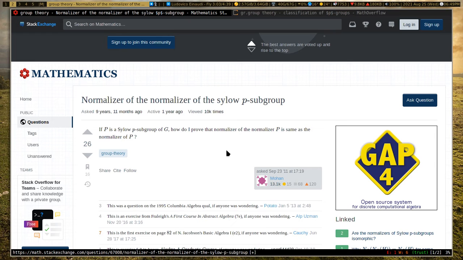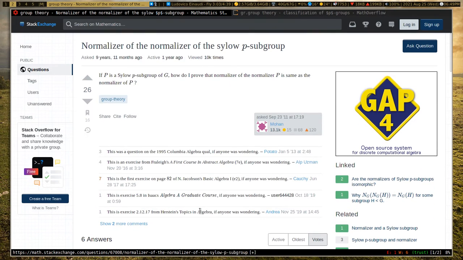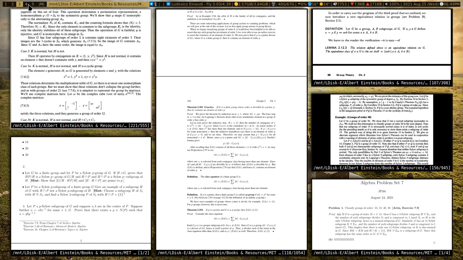And suppose that we had an x in the big group which fixed C by conjugation. Okay. So x C x inverse is just equal to C. Would we be able to find an element of the normalizer which also fixed C?